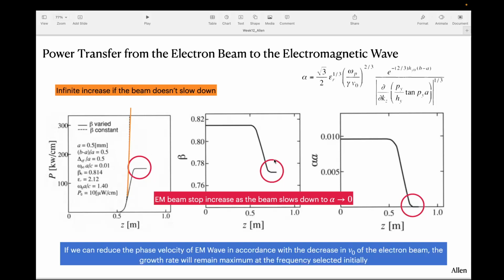This can be done by tuning the epsilon r, or rather the refractive index of the dielectric medium, in order to slow down the phase velocity and to keep the drift velocity high enough, and thus the electron beam can keep providing energy to the EM wave via its kinetic energy.